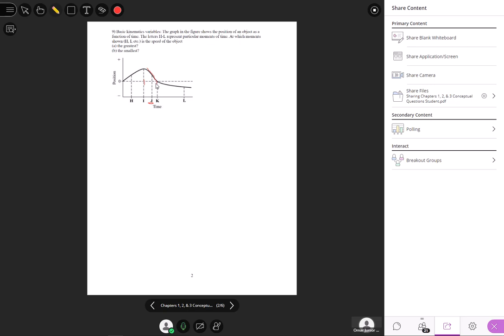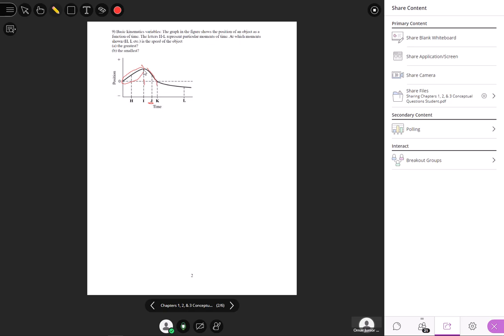So it would be negative, but it would be a greater negative, a higher number. Here, it's going slower. It's taking longer to get to the peak. So your time interval's longer, and when you do the average velocity, you see that it would be a lower number. Okay, does that make sense?